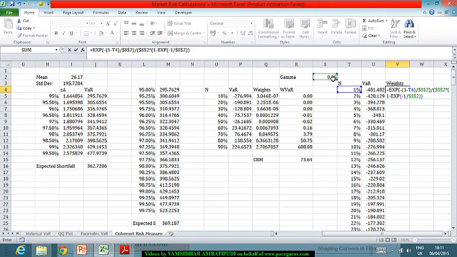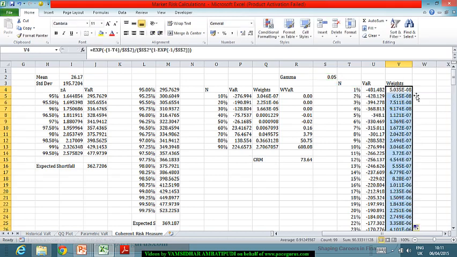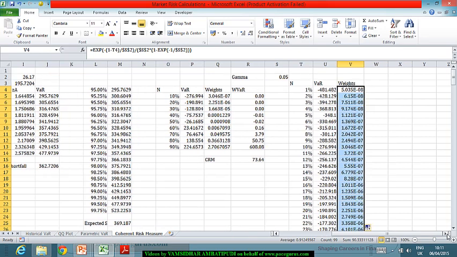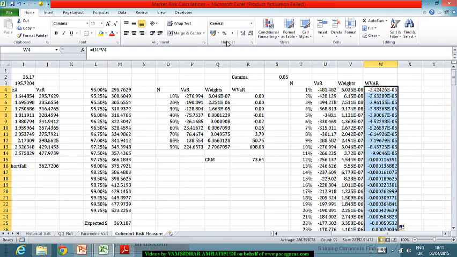Now, if I look at this whole thing, the weightage here is coming out to be this much, and across these are the weights. Based on that, I'll get the weighted VaR, which simply comes out as the multiplication of the VaR with the corresponding weightage.